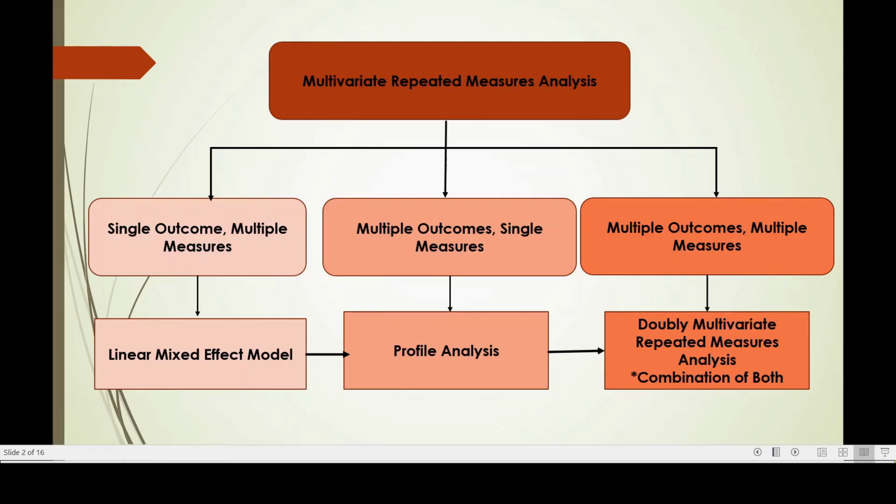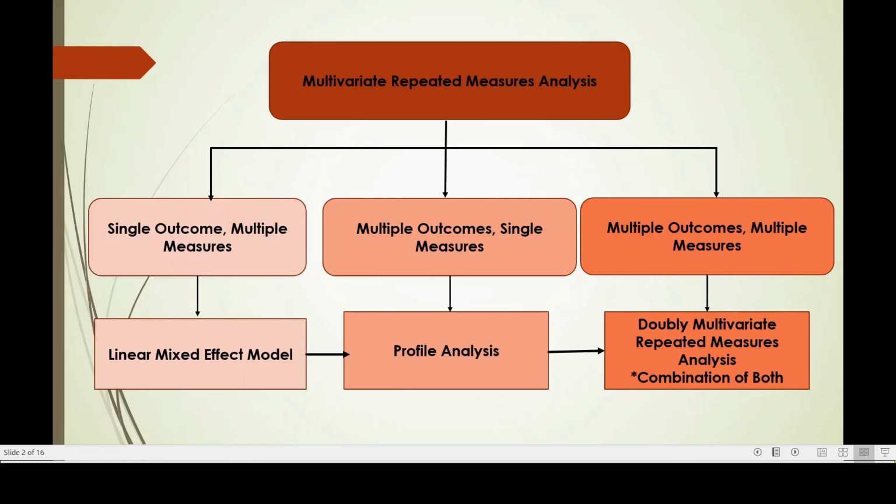For the second scenario, we have multiple outcome variables that we're interested in, but each one of them was only measured one time. For this type of data set, we use profile analysis to analyze it.